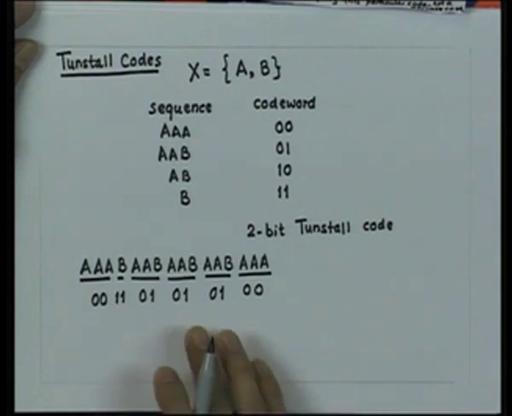Now the design of a code that has a fixed code word length but a variable number of symbols per code word should satisfy the following conditions.